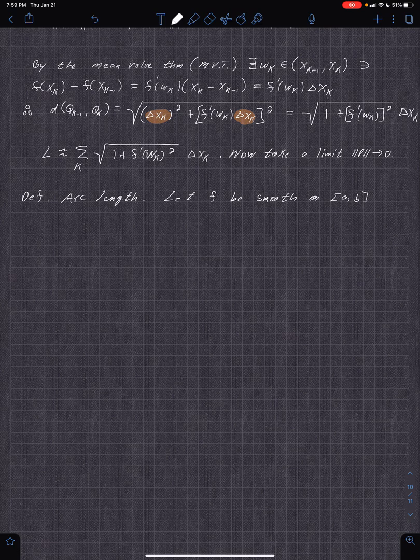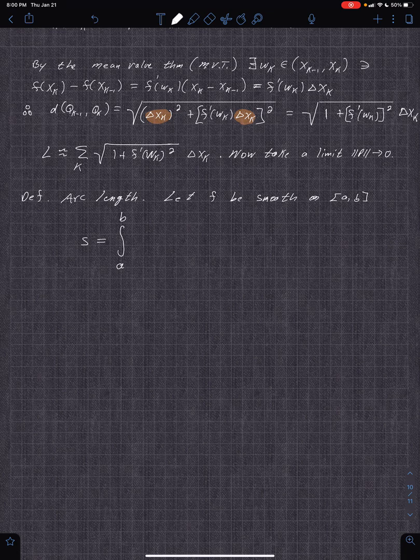And then we use S for arc length. So S is equal to the integral from a to b. Because when you take the limit of this, that's a Riemann sum. When you take the limit of that as the norm of the partition approaches 0, that is the Riemann sum, which by definition is the definite integral.